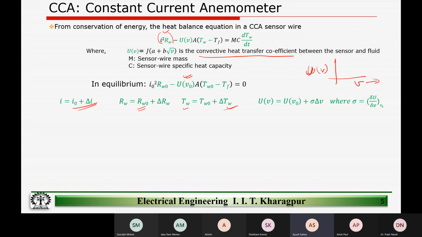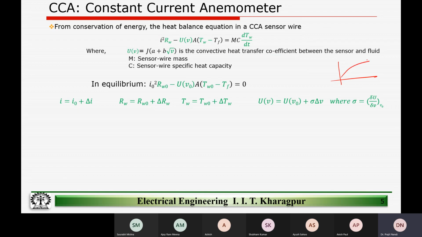Do you think it will be exponential? Okay, like this, or do you think it is like this? No. First one. First one, right? Yes, right. So I think what you guys are saying, it will be like this, right? Yes, sir. Right. Because we are talking of the heat that is going to be taken away by the system, right?